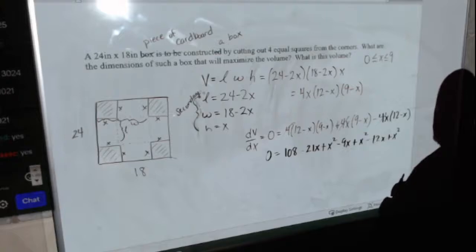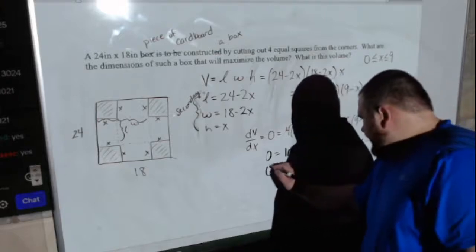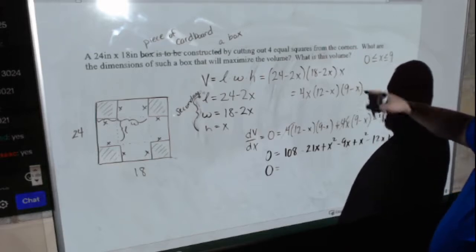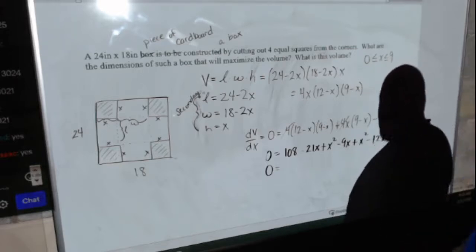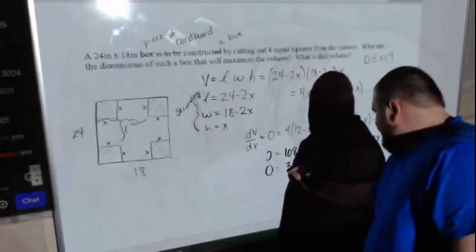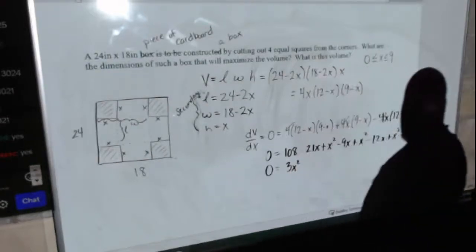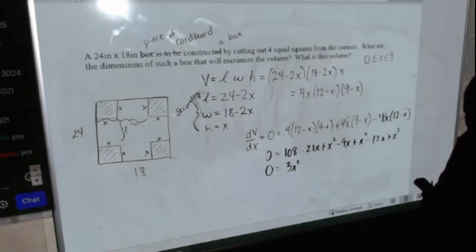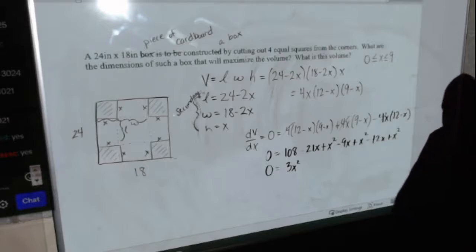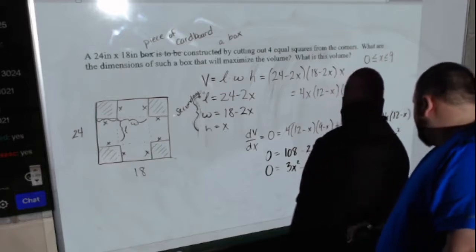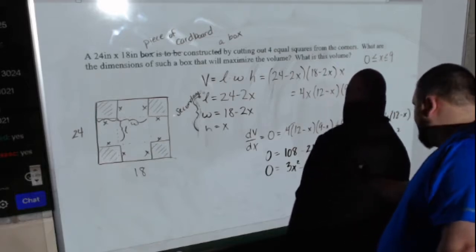So simplifying, and you don't have to do it this way. You could have multiplied this all out at the beginning and then taken the derivative, and you should get the same result. So it looks like I've got 3x squared minus 42x and plus 108.